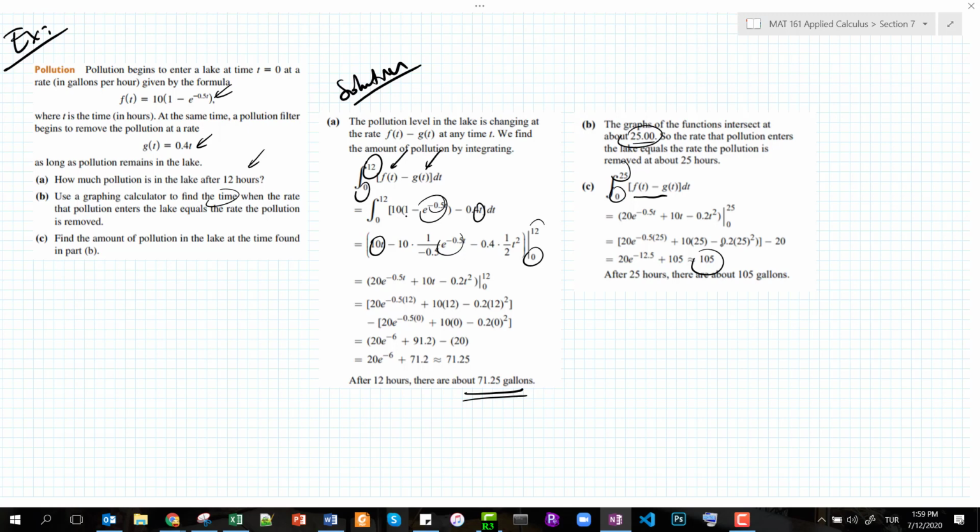Of course, the pollution will decrease if I keep removing the pollution. So you see how important it is to know such information; that is why we use calculus to figure out these types of problems. As long as you have this type of model, look at what I can do with this type of model in the real world, guys.